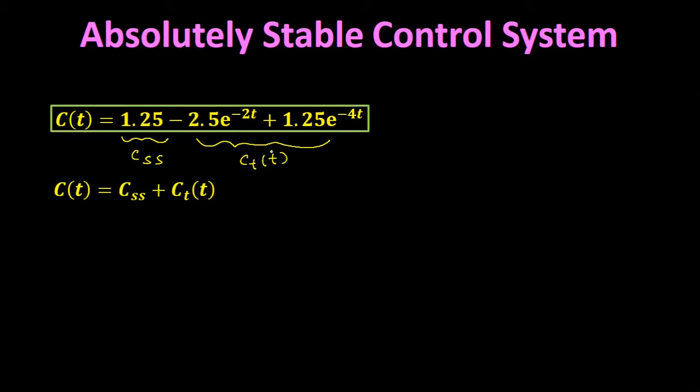Now if we take the overall transfer function of the system, it is equal to 10 divided by (s+2)(s+4). So if we find out the closed loop poles, then we will get s equal to minus 2 and s equal to minus 4. So this transfer function has two poles at s equal to minus 2 and at s equal to minus 4.